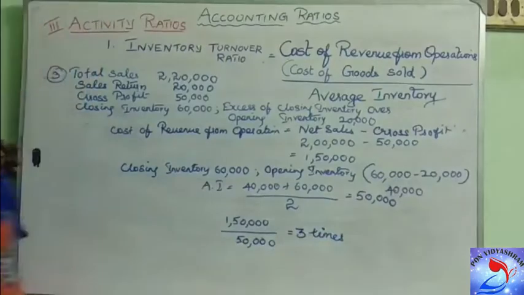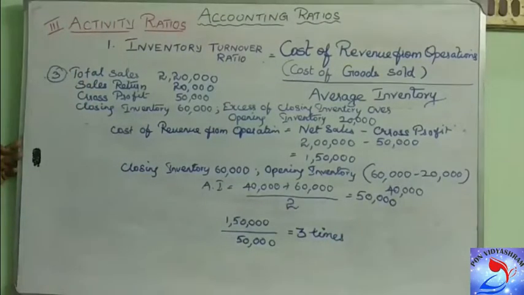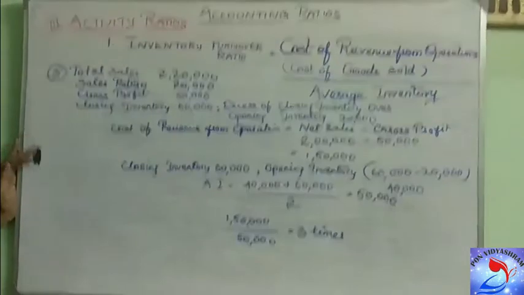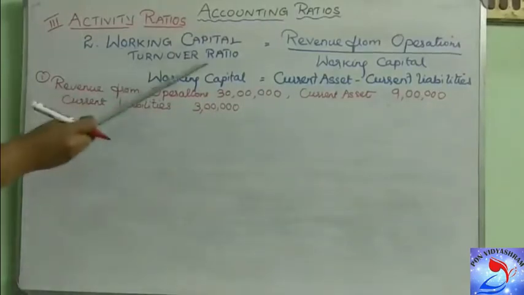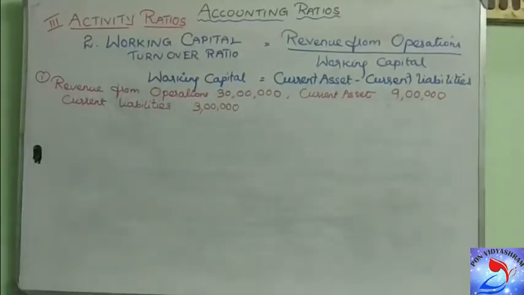So activity ratios are always expressed in times. Only solvency ratios and liquidity ratios are called pure ratios, except the interest coverage ratio, which is also expressed in times. Now the second ratio in activity ratio is the working capital turnover ratio. This is a very easy ratio since we have already discussed revenue from operation and working capital.